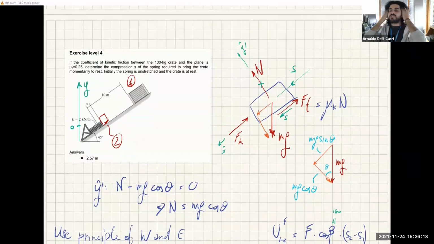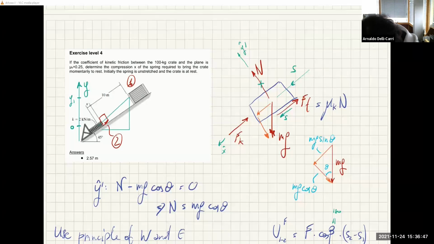So I say that y2 is 0, and y1 is whatever this is. Now, y1 is this distance. And so as you can see, this is the triangle, and so this is exactly the distance we want. Okay, so this one here is y1.